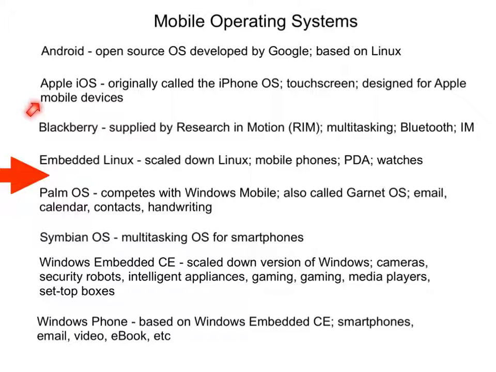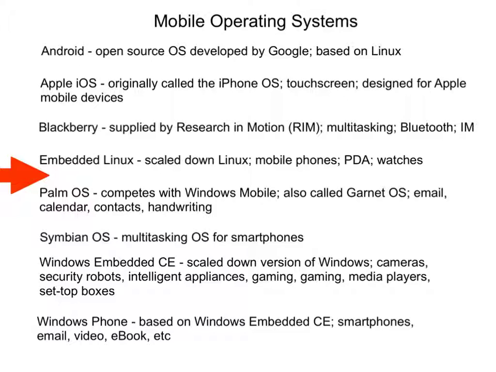And we have the very popular Apple iOS. This was originally designed for the iPhone, so it was originally called iPhone OS, but it is also used on all Apple mobile devices like the iPod, iPod Touch, iPad, the iPad Mini now that's out, and these became very popular due to the touch screen where we just use our fingertips and multi-touch gestures.